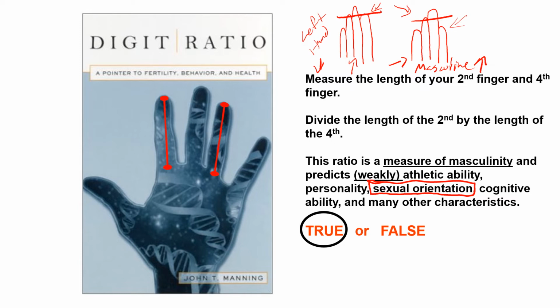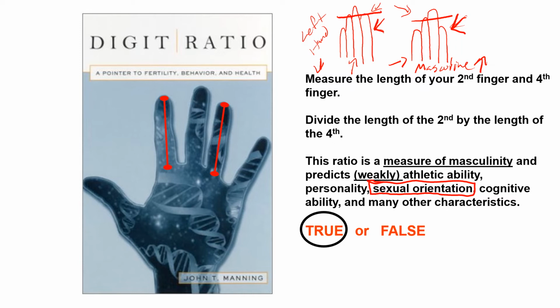Biological males who have fingers like the ones on the left here, did I say on the right, on the left before, but like the one on the right. So biological females like the one on the right are much more likely to be gay. Biological males who are much more like the one on the left, or who have fingers like the one on the left, are much more likely to be gay.